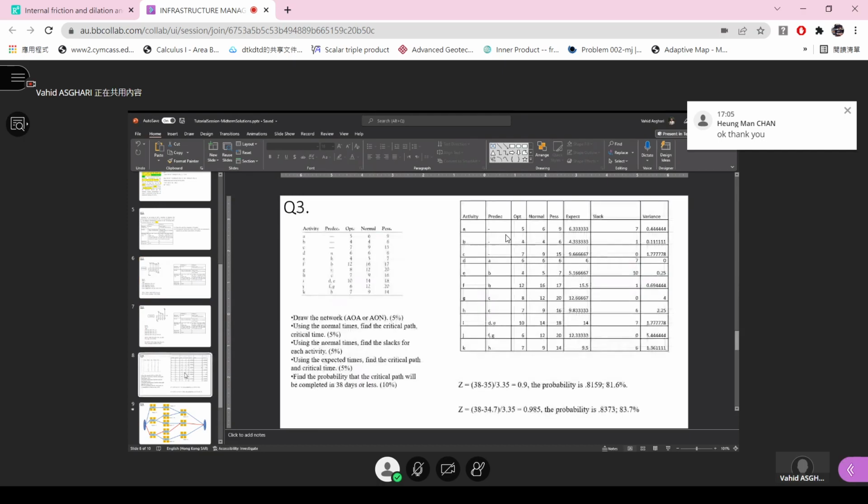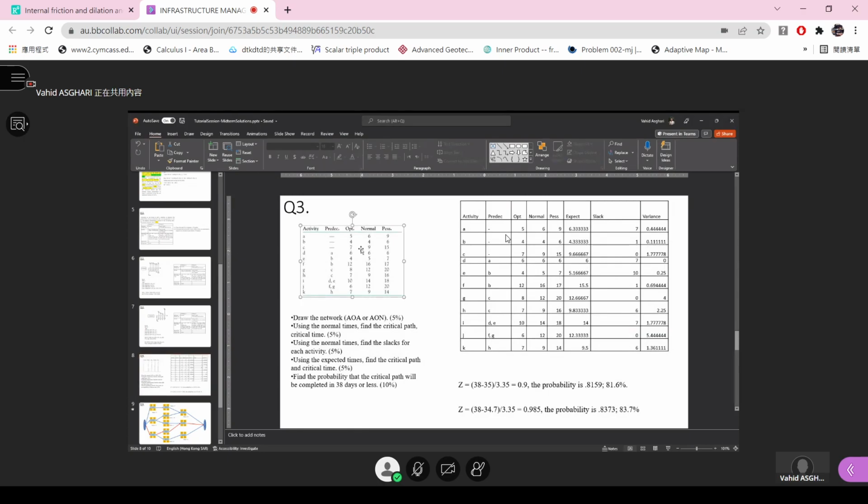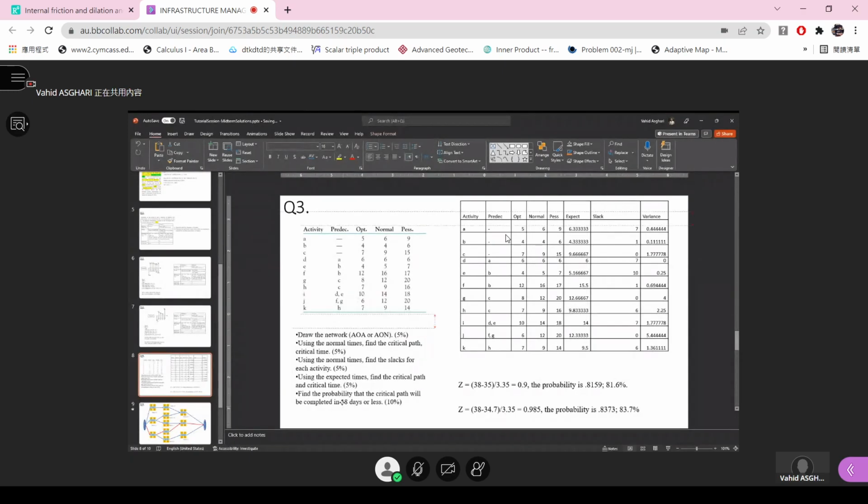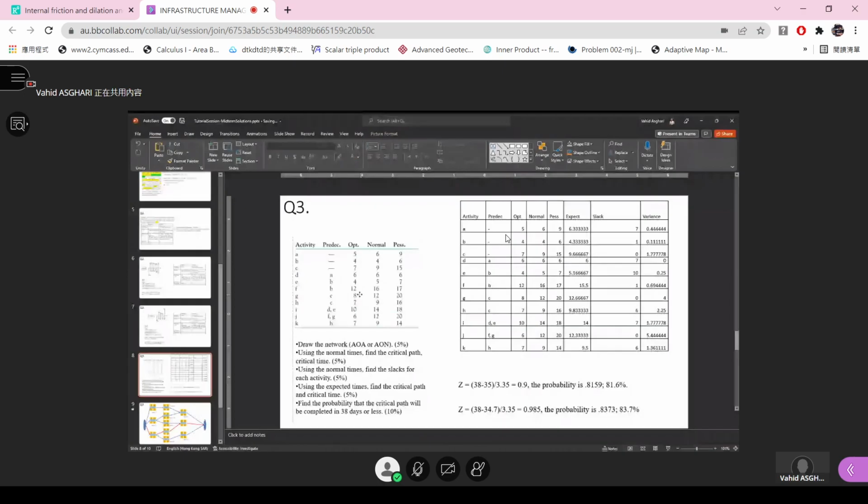Okay. Now, question 3. So there was a table of some activities. Okay, all right. And then we had some normal estimations, optimistic estimations, and pessimistic estimations. And we had this equation: optimistic plus 4 normal plus pessimistic divided by 6.